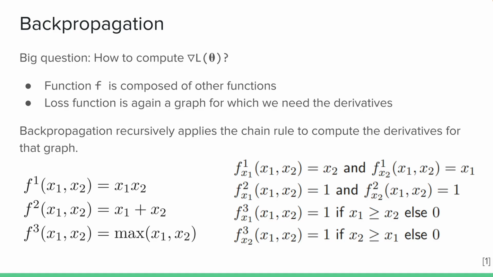For example, the partial derivative of f with respect to x1, if we have the multiplication, would be just x2. With respect to x2, it would be x1. If we have an addition, the partial derivative is 1. And if we have something like the max, you would need an if-else to decide whether it's 1 or 0.